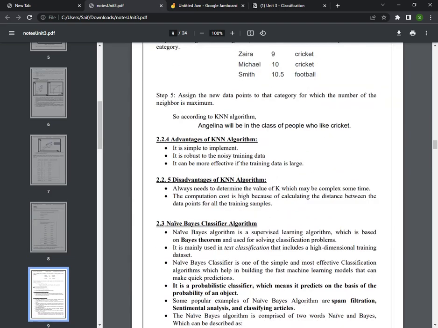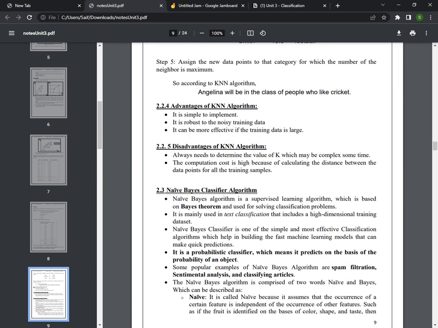Now you can read the advantages of KNN. Easy to implement, robust to noisy training data, effective in large data sets. Always needing to determine the K is a little disadvantage here. We have to always determine the value of K, and hence it will require an additional computational cost.